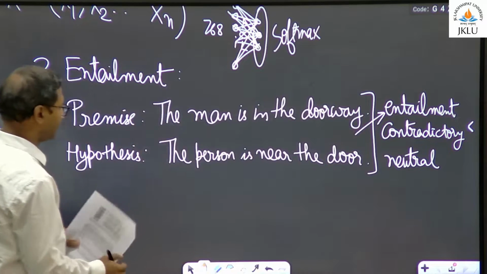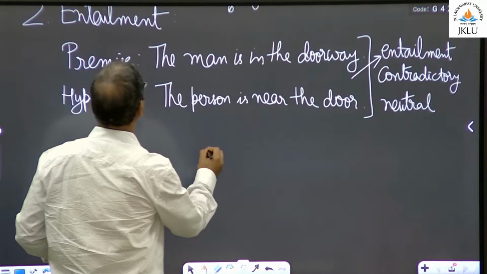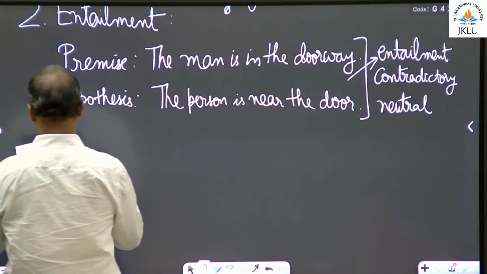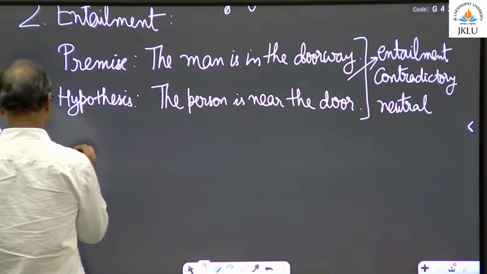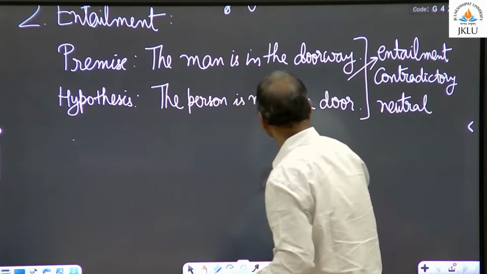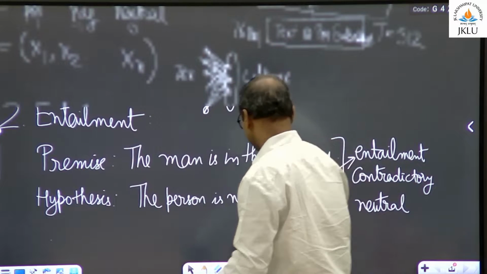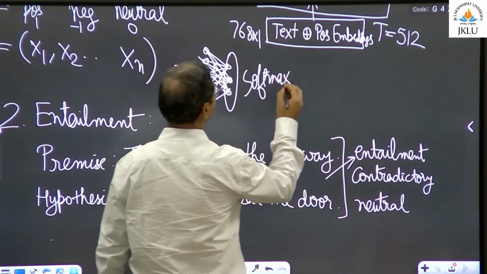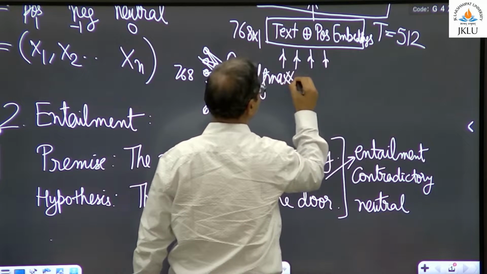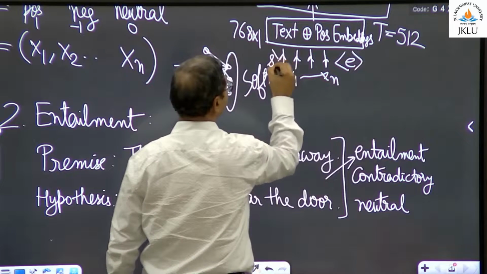Is this problem clear first of all? Okay. One thing I forgot to mention: the input that you are giving, x1 to xn, is marked by a start of sentence and an end of sentence token.